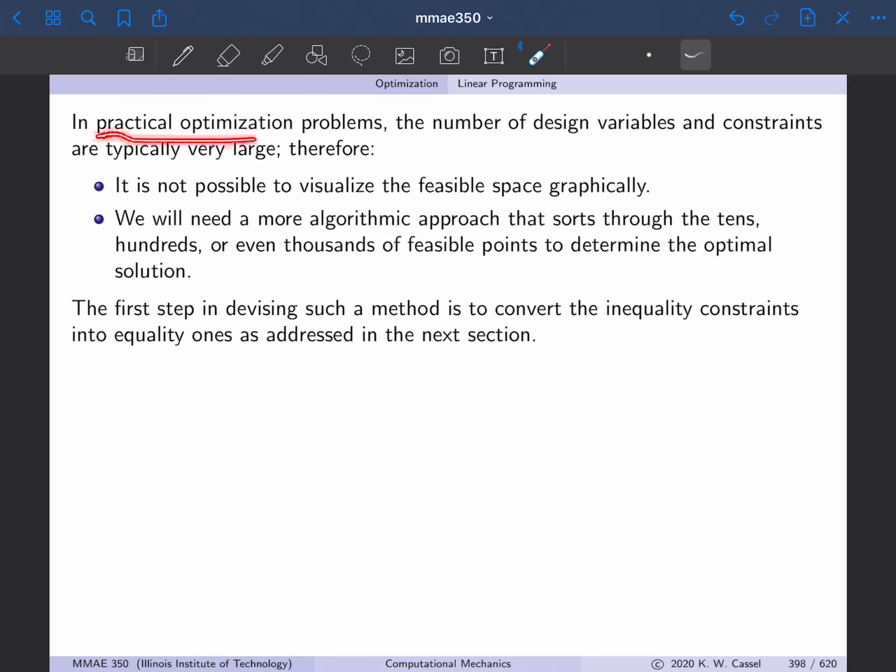All right, now in practical optimization problems, the number of design variables, the number of constraints, whether inequality or equality, can be quite large. So here we've only had 2 design variables. They could be in the hundreds, they could be in the thousands, sometimes even in the millions. So generally speaking, it's not possible to visualize the feasible space graphically on a piece of paper as we just did.